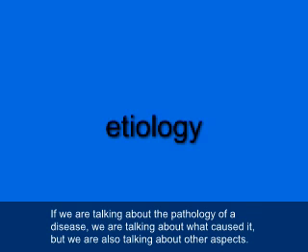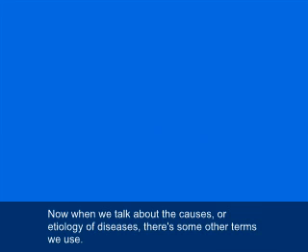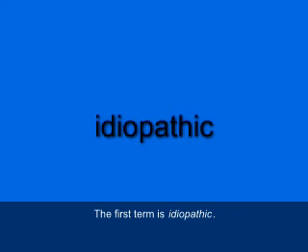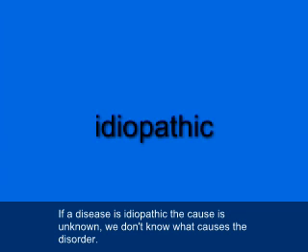Now, when we talk about the causes or etiologies of diseases, there are some other terms that we use. The first term is idiopathic. If a disease is idiopathic, the cause is unknown.